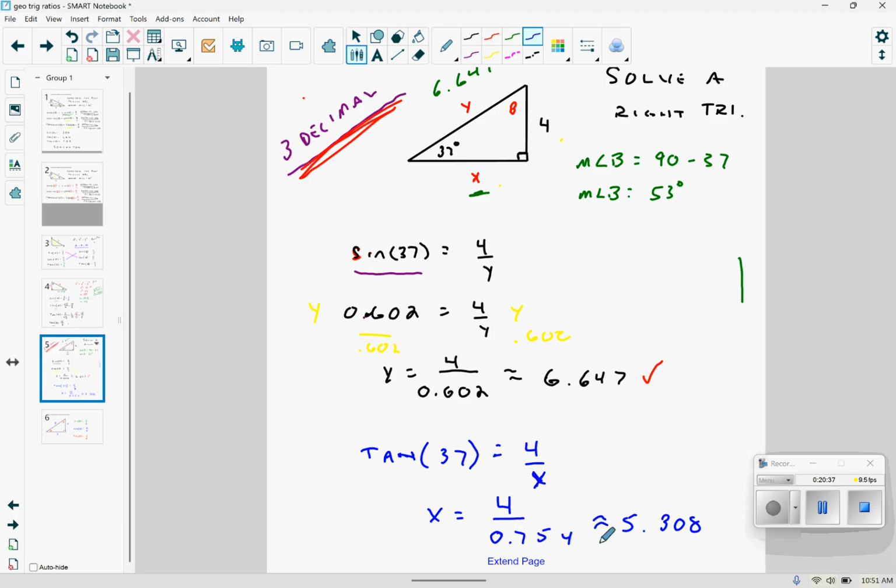Okay, so now we have solved this right triangle because I know what x is, I know what y is, and I know what the other angle is. We're about to finish this video.